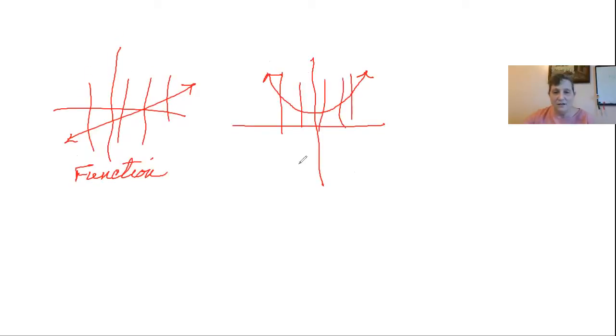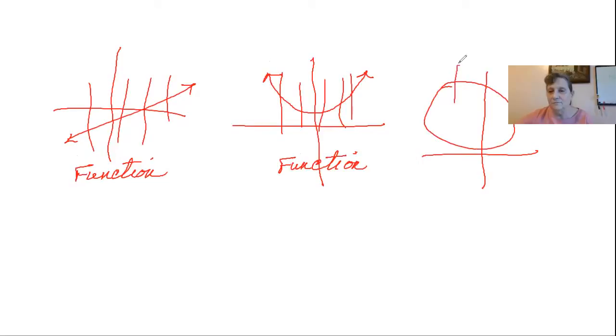No vertical line is going to hit it more than once. A parabola is a function. What about a circle? Not a function.